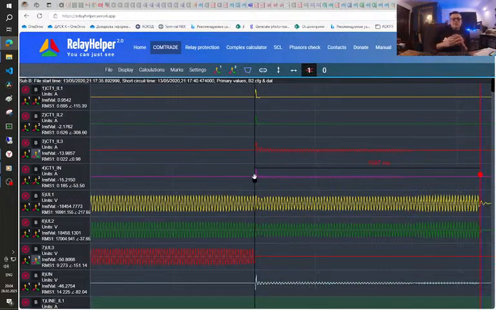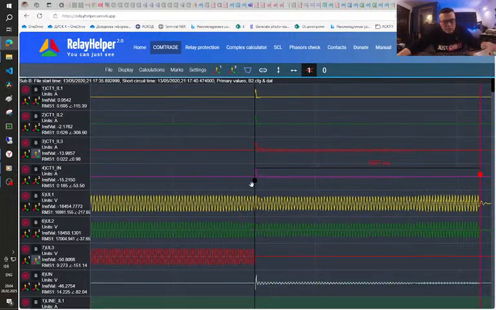As I said in the beginning, in Ukraine for SOTF functions we usually use the third zone of the distance protection, and also the third zone of the neutral ground overcurrent protection.